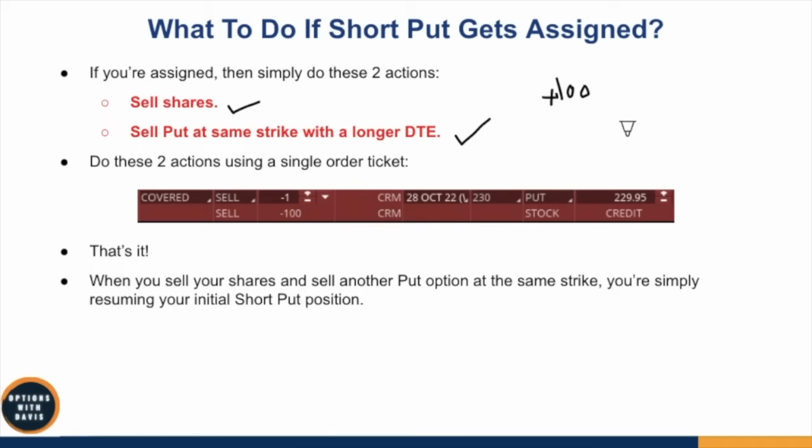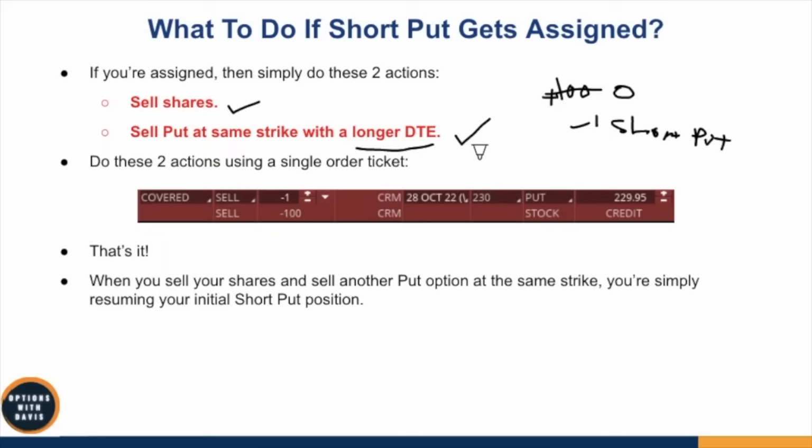So now you become a net 0 shares position, and then you sell one short put. Basically what you're doing is reinstating the position which you originally had, which is the short put position. You want to sell it at the same strike price, of course. That is the way to resume the position, but this time with a longer days to expiration.